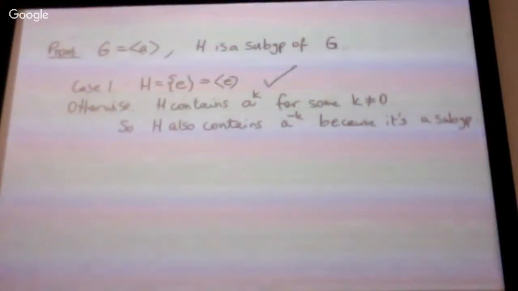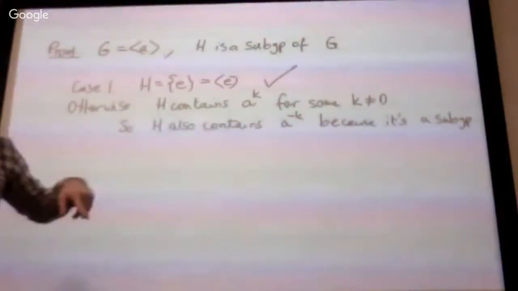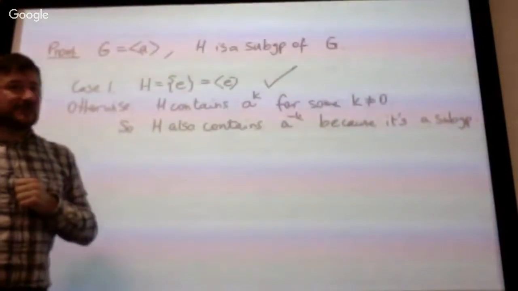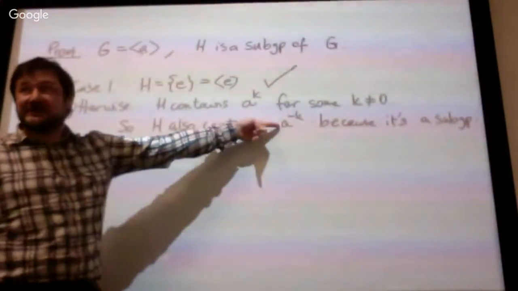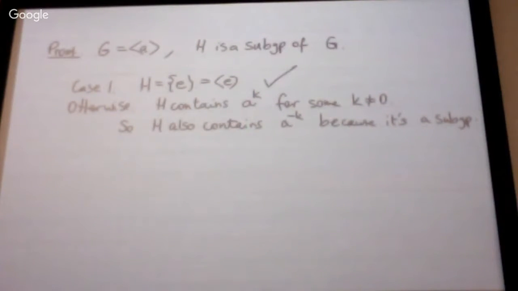It's A to the K to the minus 1. So it contains the inverse of this, so it contains A to the minus K. Now, at least one of these numbers is positive: either K is positive, or minus K is positive. So we can assume that K is positive. In other words, H contains a positive power of A.